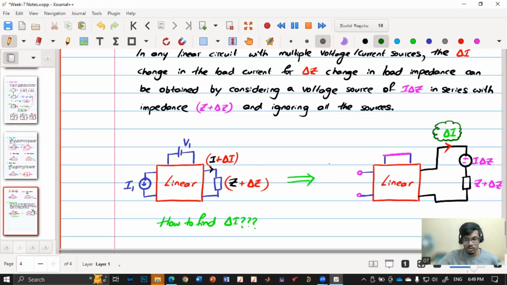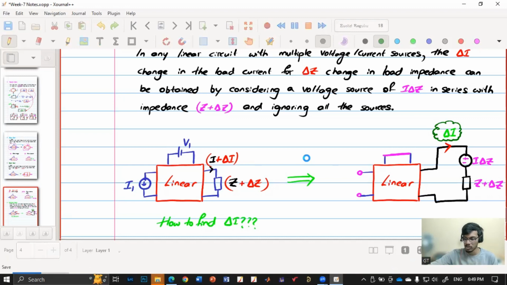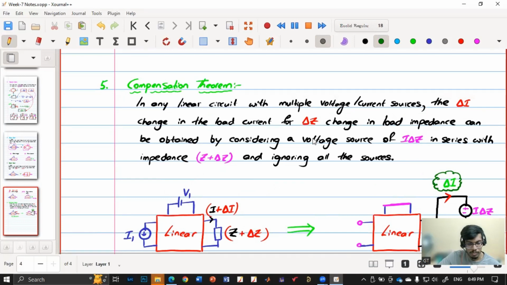Also here there are no sources. There is only one source, one impedance, and in the entire circuit you can solve for delta I. So compensation theorem is a bit tricky, and it's a bit complicated in the way that it is told, but it is very straightforward. We'll solve a problem on this.